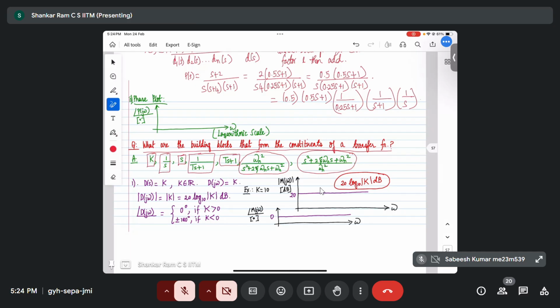The bottom line is that if you and I are able to plot the Bode plot of these individual constituents, and then add all the Bode plots, we have the result. I hope it's clear why we are dealing with the specific building blocks.